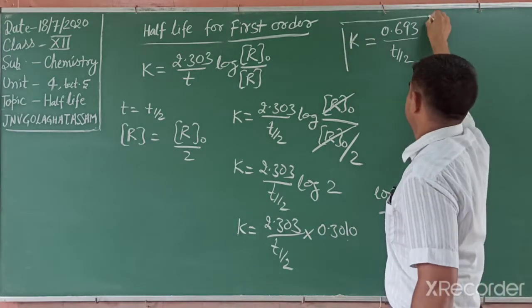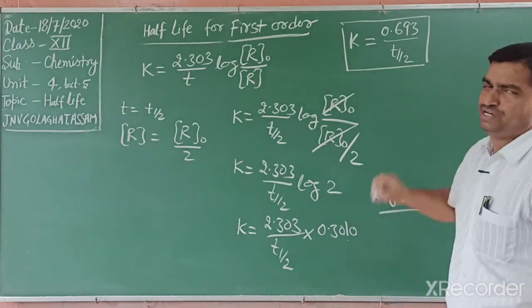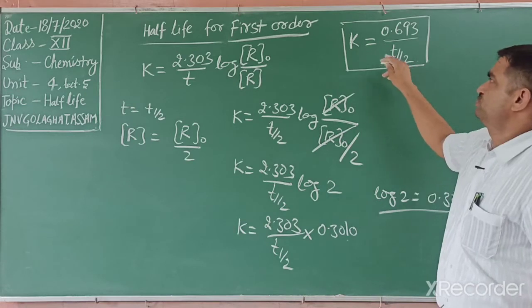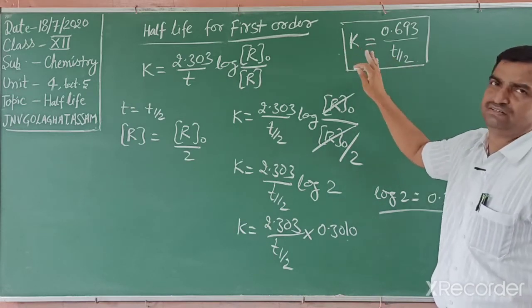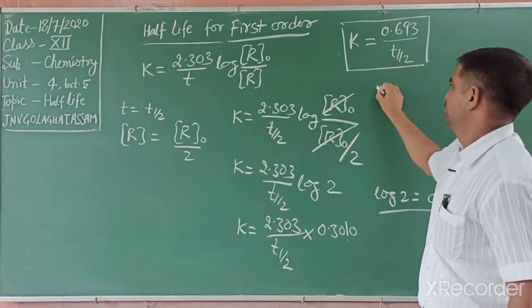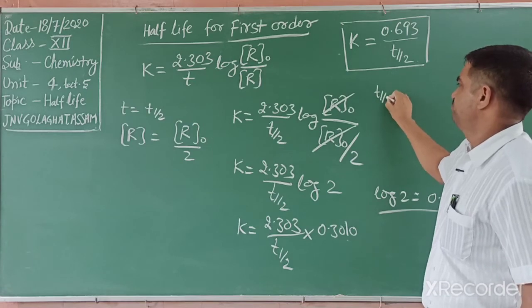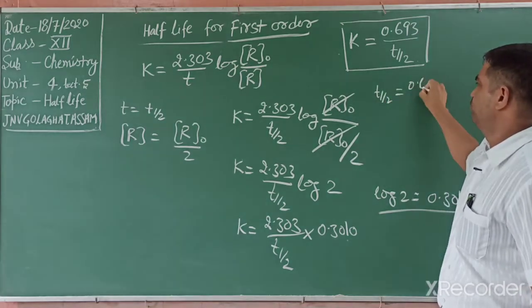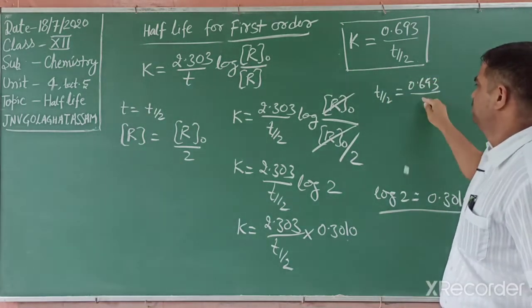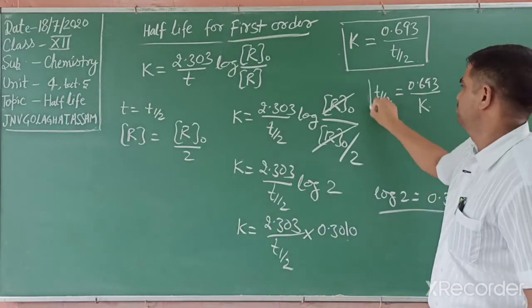So this is the first order rate constant and half life relation. We write t half is equal to 0.693 by rate constant.